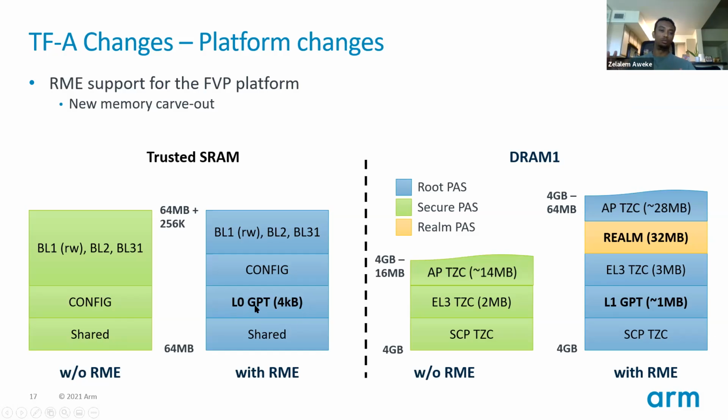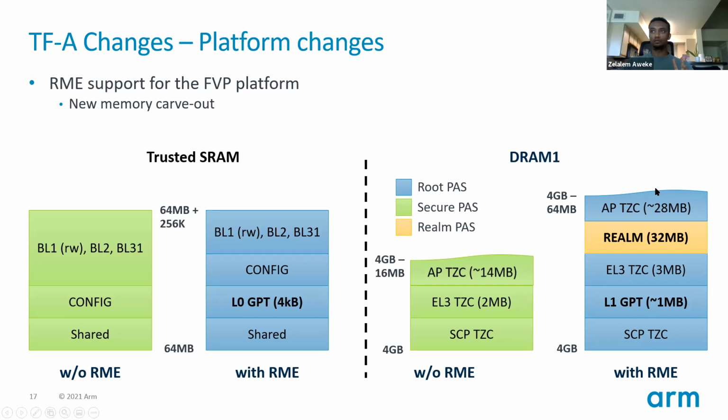I didn't talk a lot about the GPT; we'll probably have a presentation on that in the future. But the GPT is a two-level table: the level 0 table and the L1 table. The L0 GPT is stored in the trusted SRAM, so we have one carve out for it. That's the only change in the trusted SRAM.